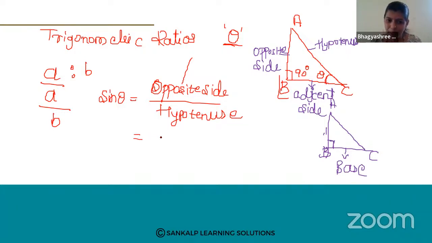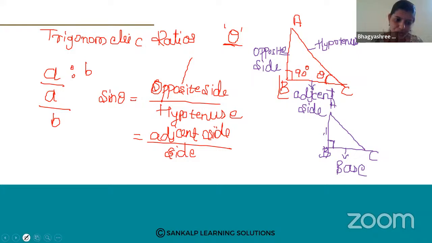Next, if I compare adjacent side divided by hypotenuse, right? So now I have taken adjacent side and hypotenuse. What do I call this ratio? Sorry, adjacent side divided by hypotenuse.